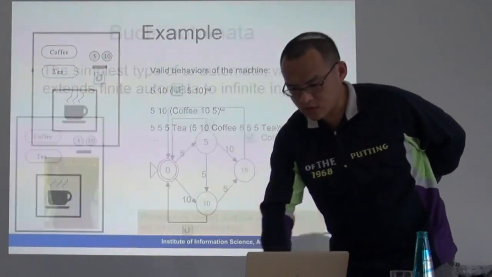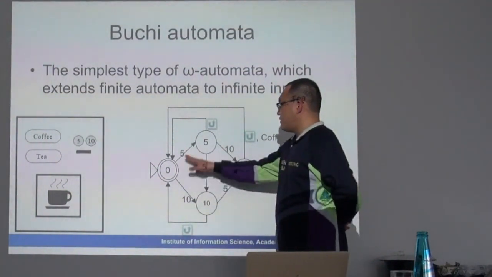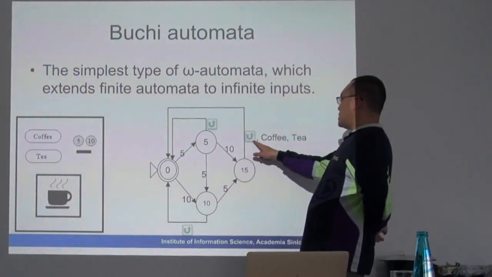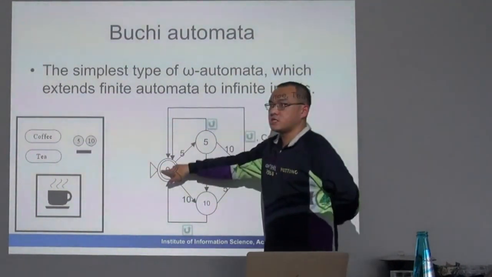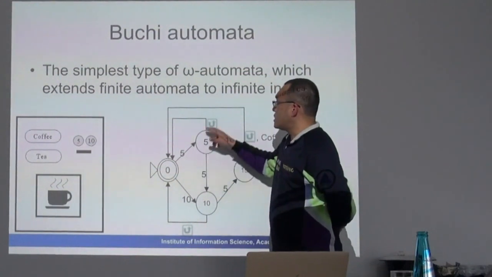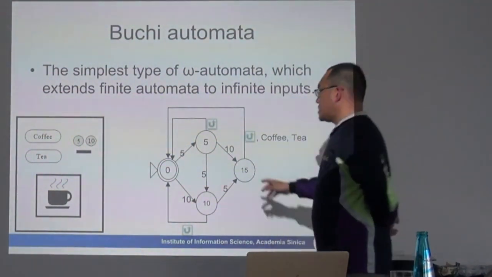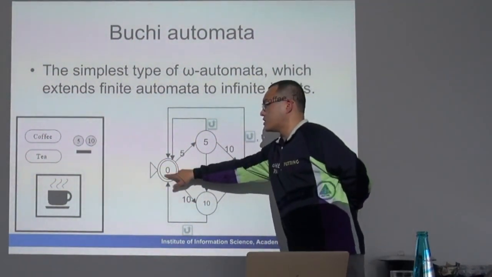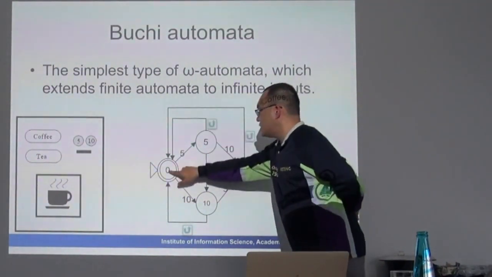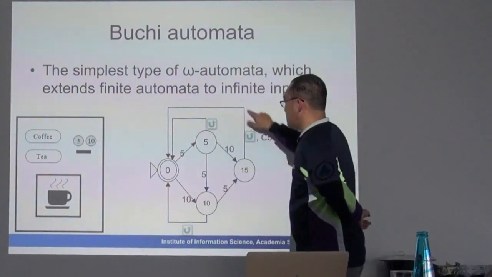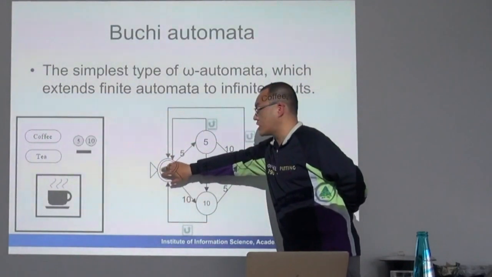So the model of the coffee machine should become this: 5, 10, and I can either return money or get coffee or tea and go back to the state. And a word is accepted by a machine like this if it has a run that can go through an accepting state infinitely many times. For example, 5, 10, return money, 5, 5, 5, return money, 5, 5, coffee, etc. As long as the word has a run that goes through this infinitely many times.